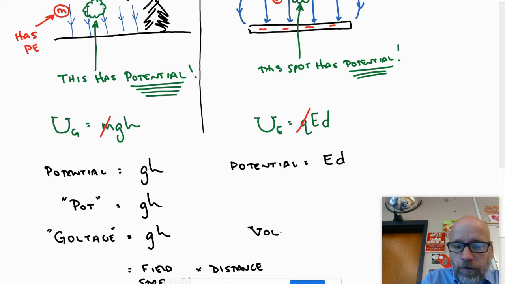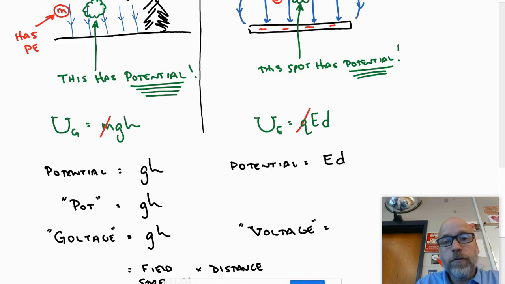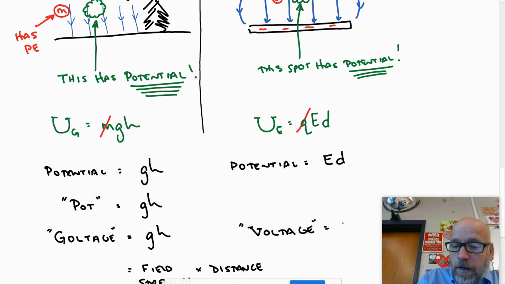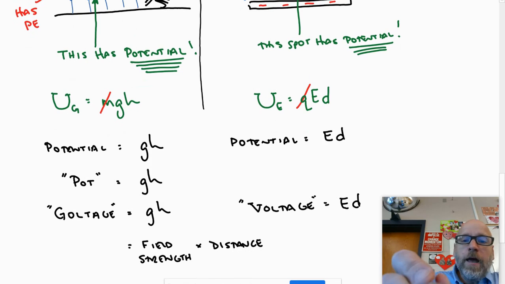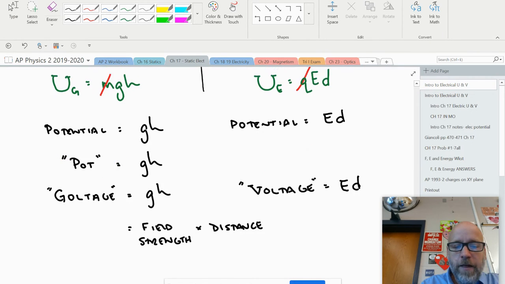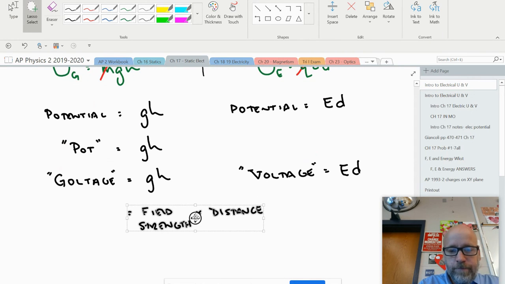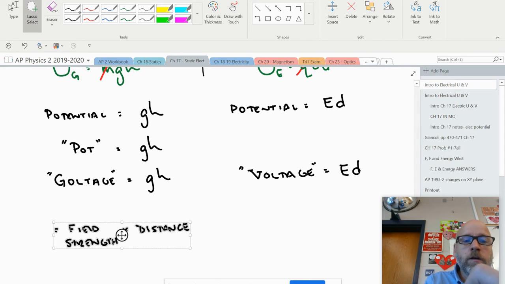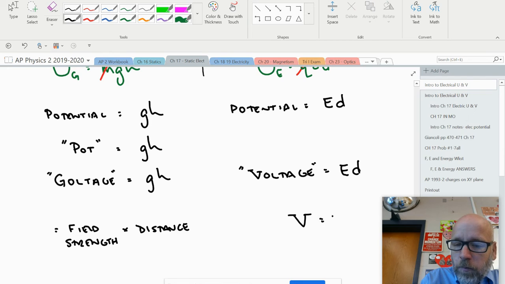It's called the voltage, named after Alessandro Volta. Now, the voltage would be equal to Ed, and because it's a term that we use all the time, unlike goltage, it actually does have its own symbol, and that symbol is going to be a capital V. So write that in. Capital V equals Ed.